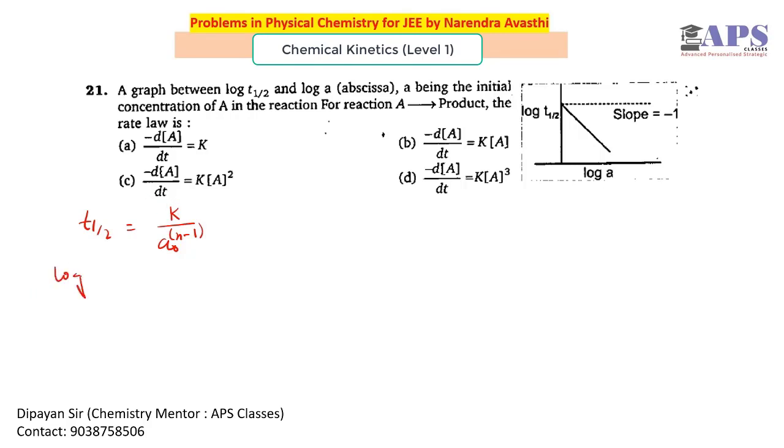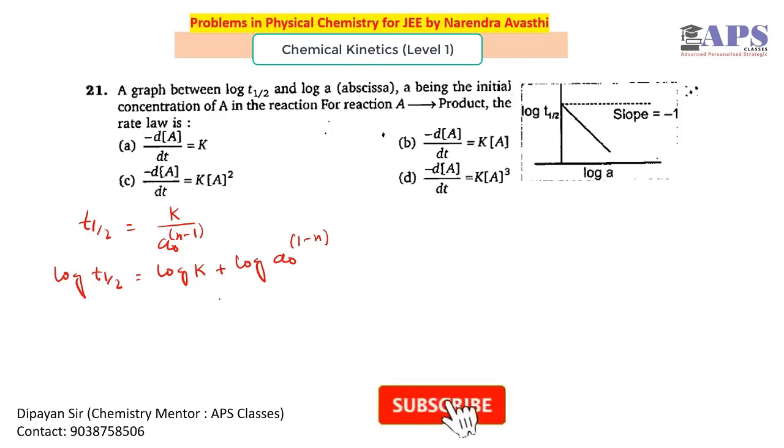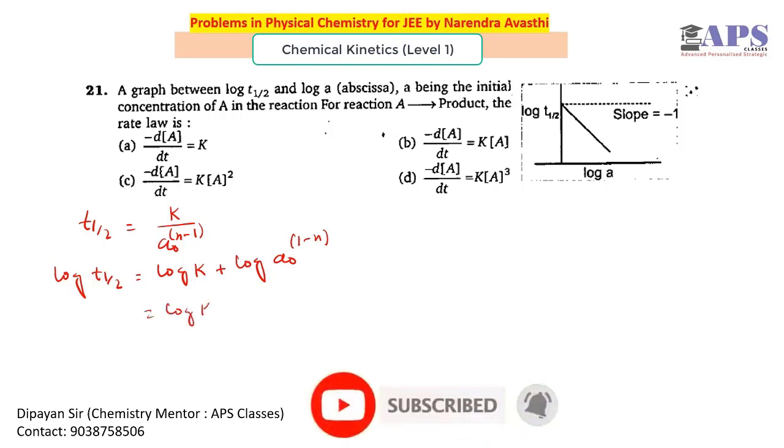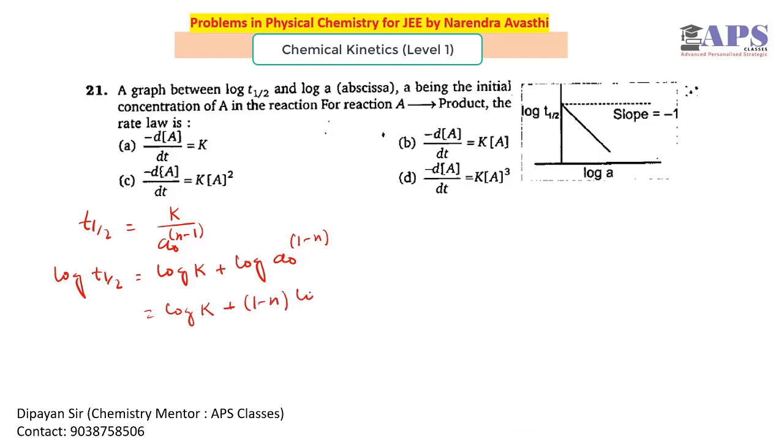Now if we take log on both sides, log t half will become log k plus log a0 to the power 1 minus n, or we can write log k plus (1 minus n) log a0. So the slope of the graph is 1 minus n.